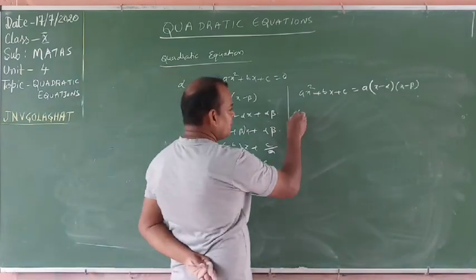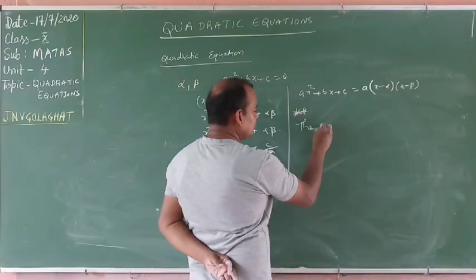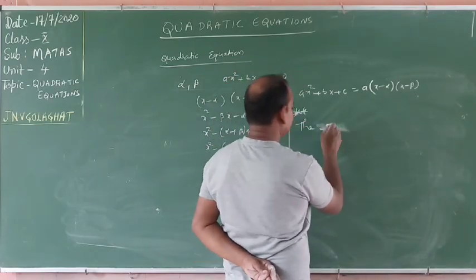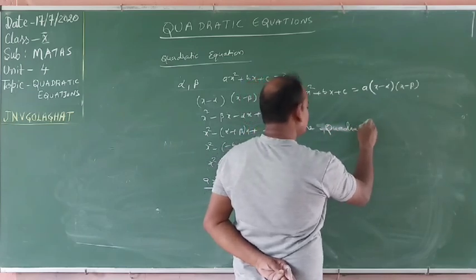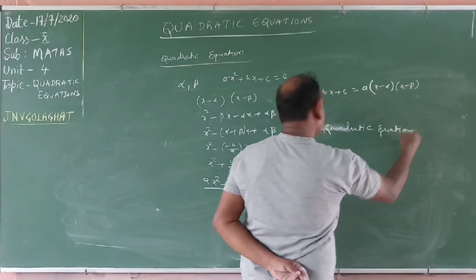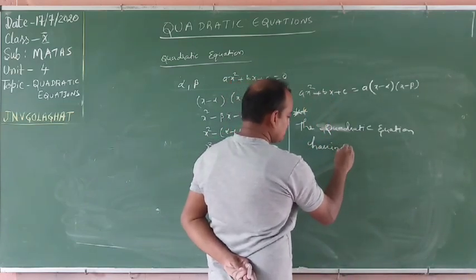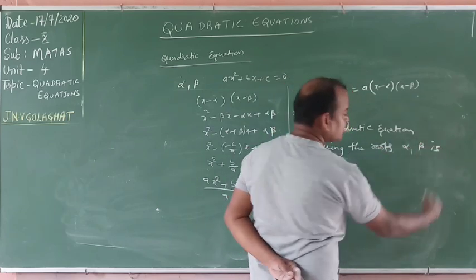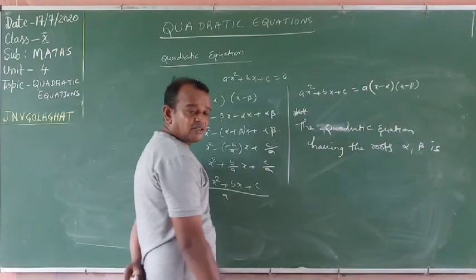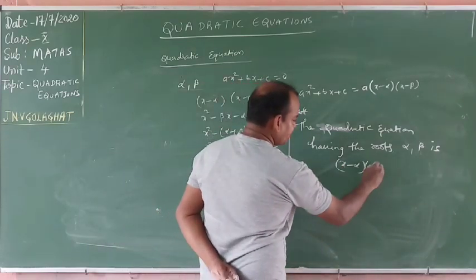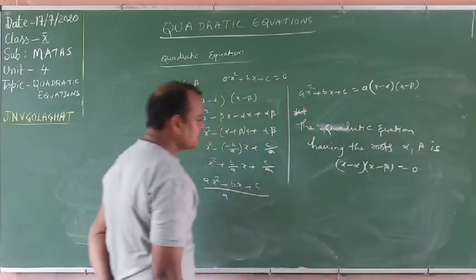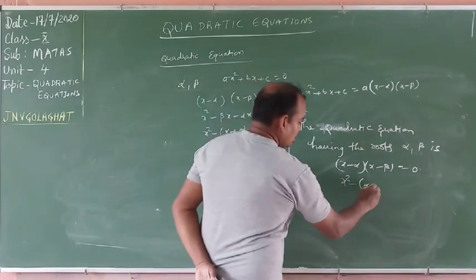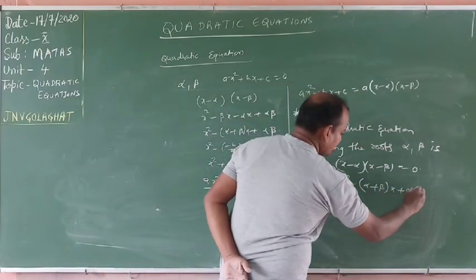Yes or no? Now, very important one. The quadratic equation having the roots alpha, beta: alpha, beta are the roots means the factors are x minus alpha into x minus beta is equal to 0. Now the multiplication gives x square minus alpha plus beta into x plus alpha into beta is equal to 0.